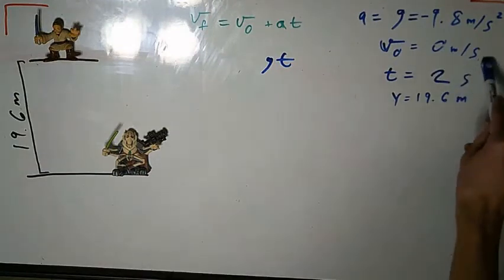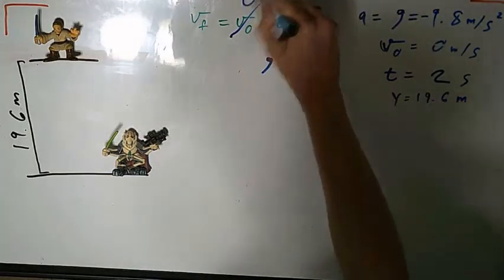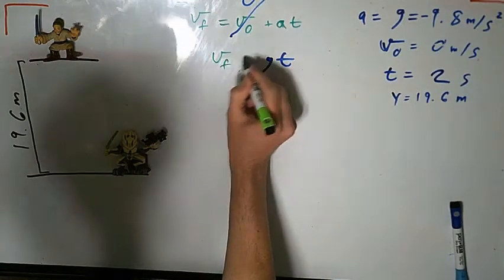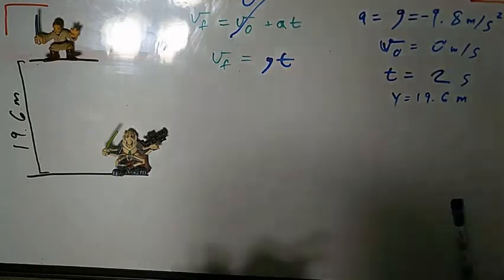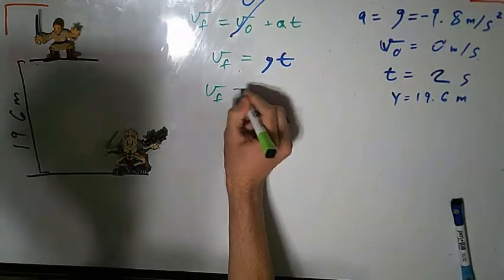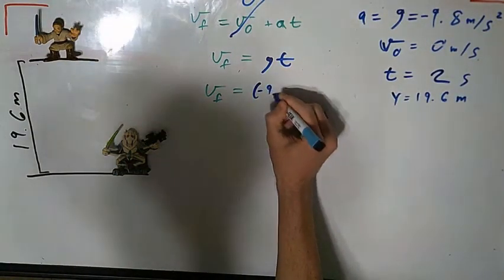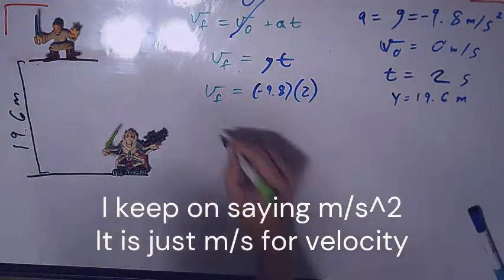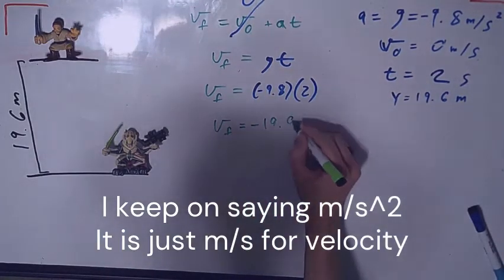With our initial velocity equaling 0, that term cancels out, so our final velocity is just equal to gravity times time. Now we'll plug in the numbers. Velocity final equals negative 9.8 meters per second squared times 2, and that turns out to be negative 19.6 meters per second.